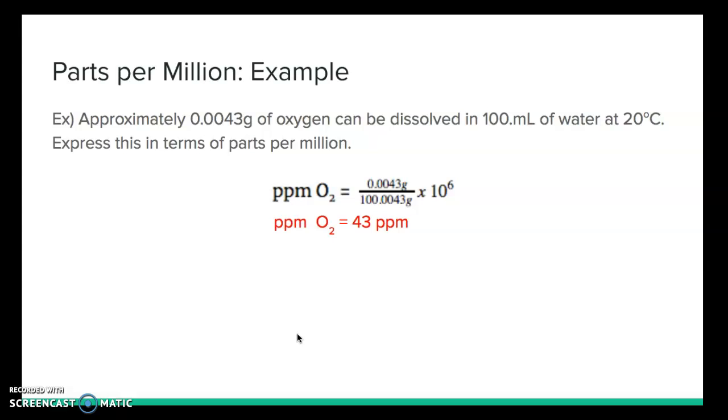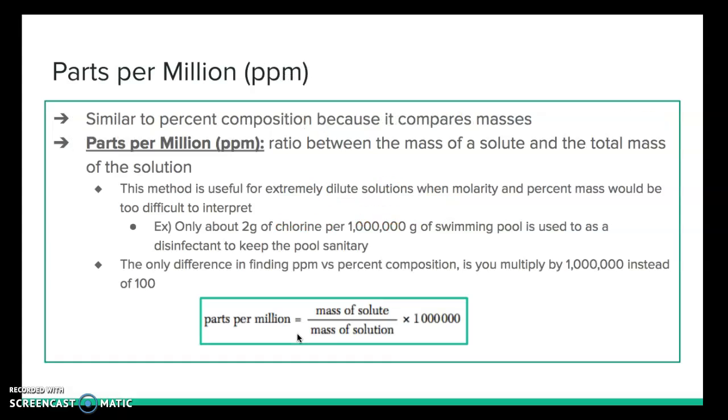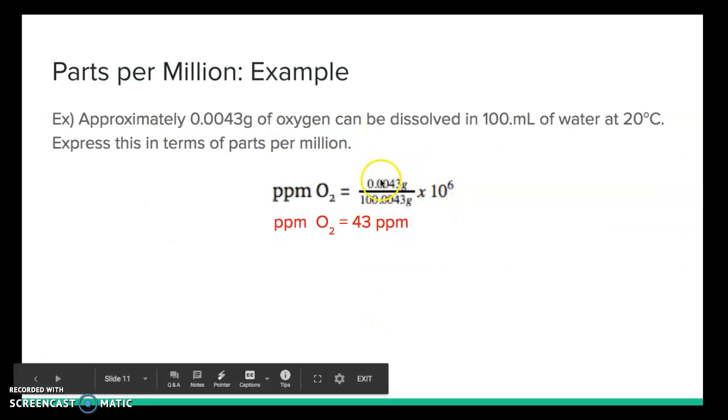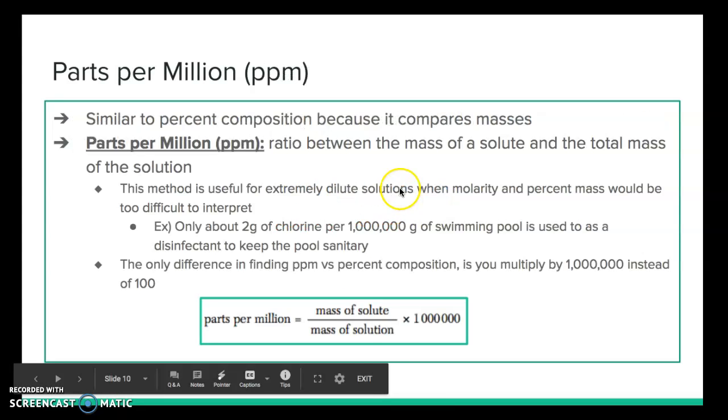So for example, approximately 0.0043 grams of oxygen can be dissolved in 100 milliliters of water at 20 degrees Celsius. Express this in terms of parts per million. So we can change 100 milliliters of water to 100 grams of water because of its density, and we know that the mass of our solute is that 0.0043, and then we need to find that total mass of solution.